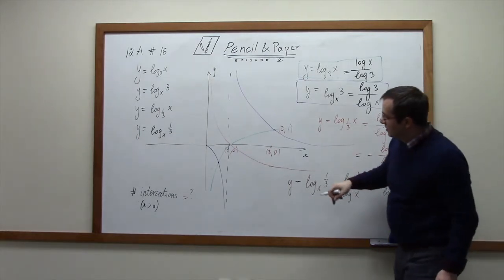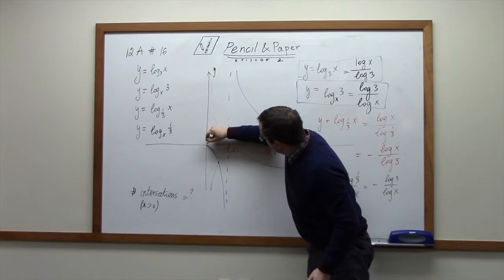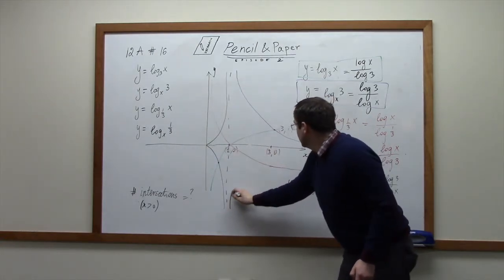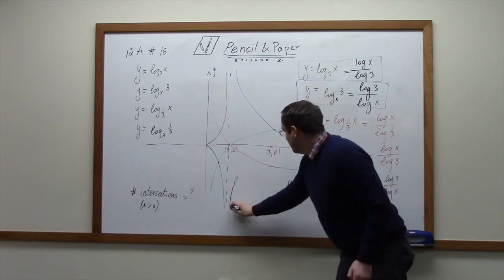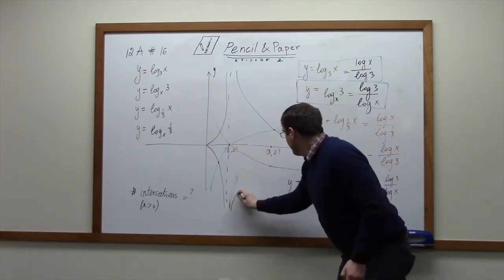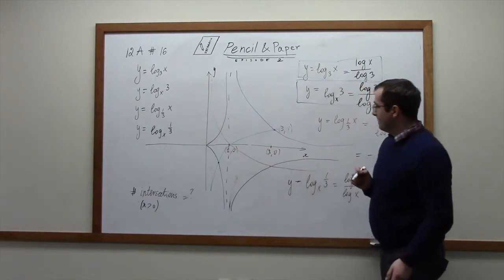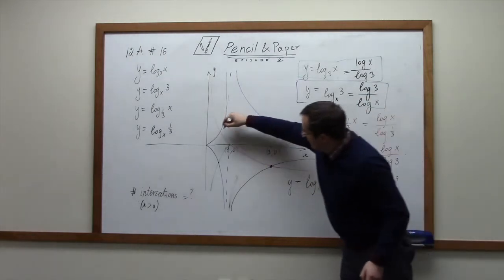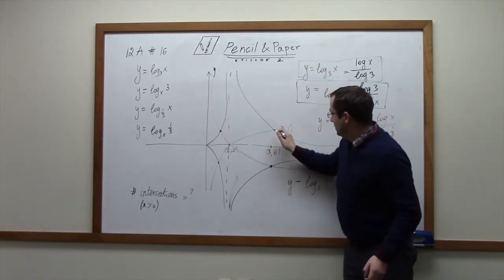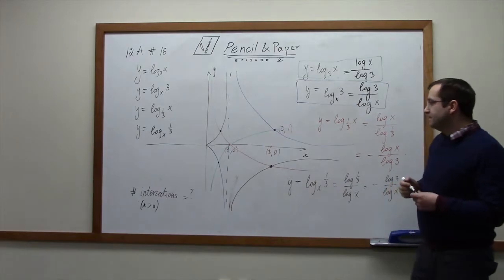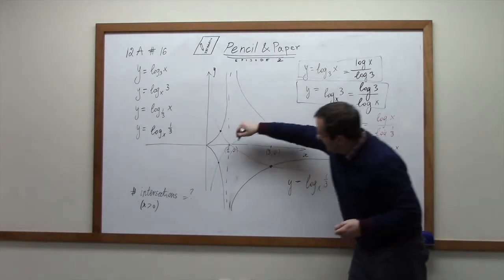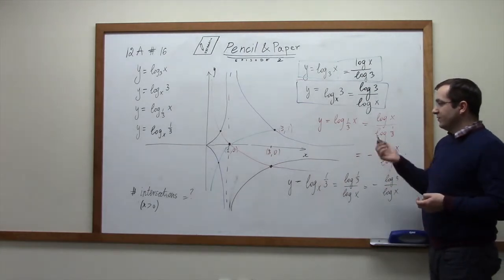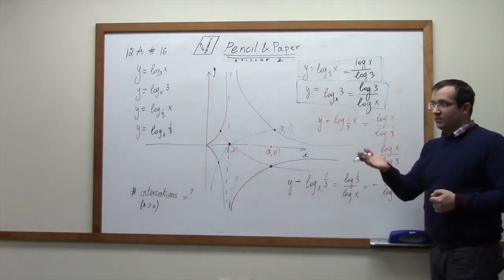So if I look at my purple one, I would like to make a graph symmetric with respect to the x-axis. So we'll have an intersection here, here, and here. So we have 5 of them. One is here. So from the graph we get 5 intersections, and this will be our answer.